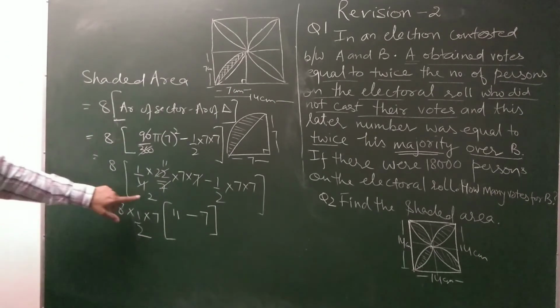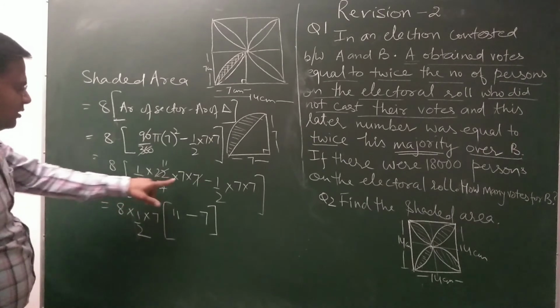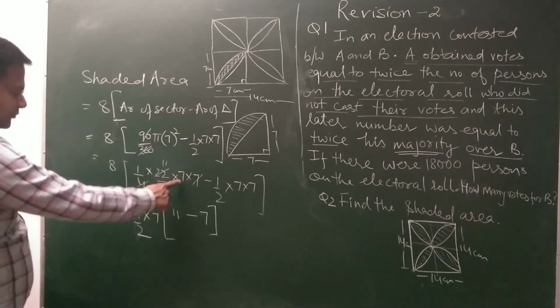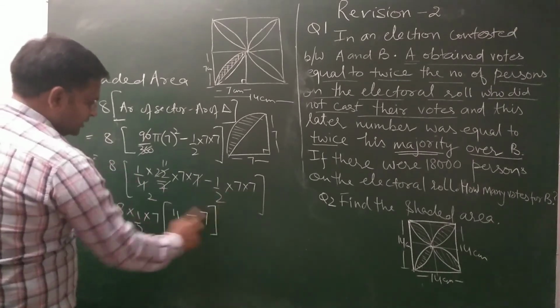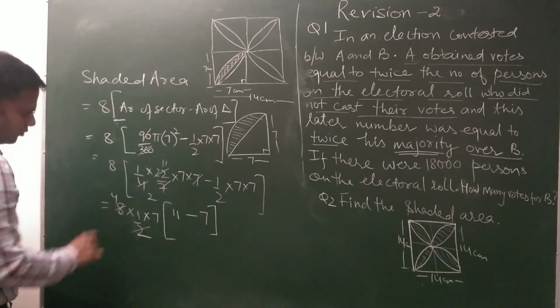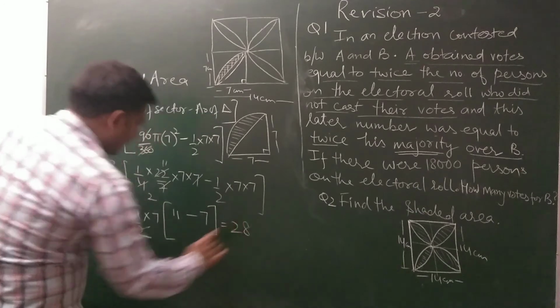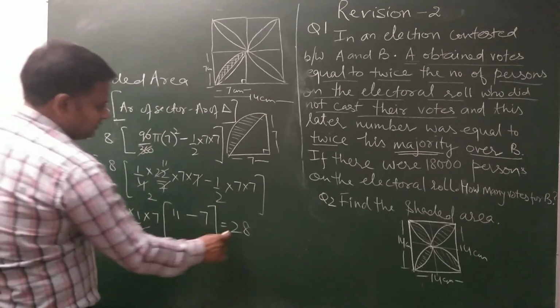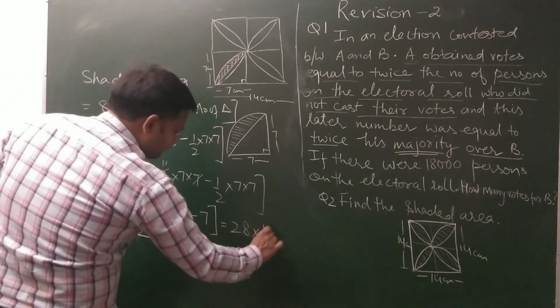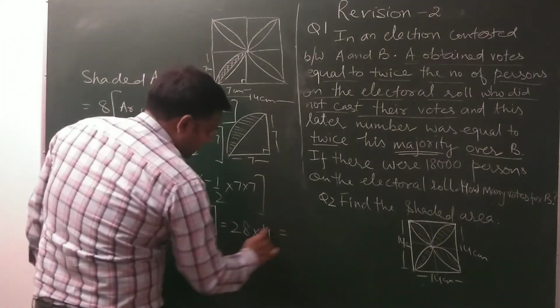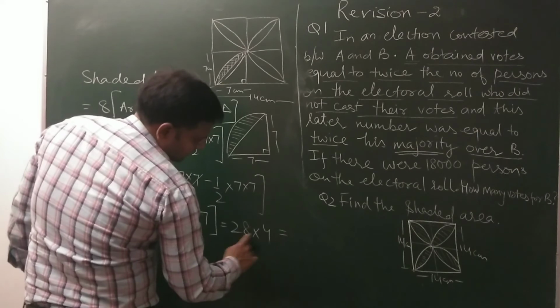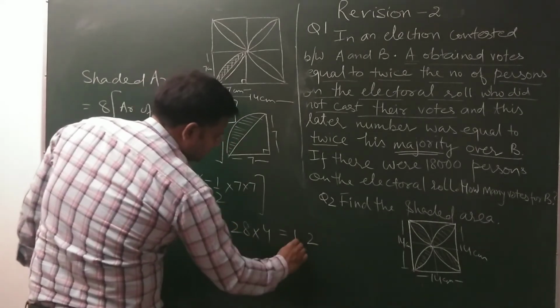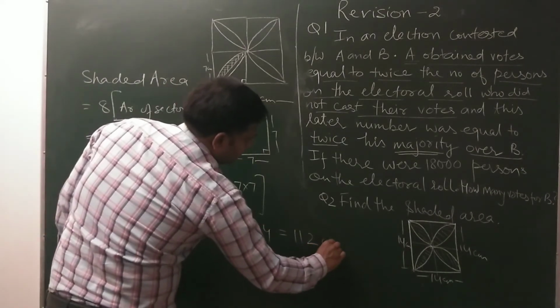Now you can check the calculation. 1/2 we have taken common, 7 we have taken common. So here only 11 is left and here this 7 is left. So this is 2, this is 4, 4 sevens are 28 and 11 minus 7 is again 4. So you can simplify 8 times 28 times 4, this is 32... this is in centimeter square.